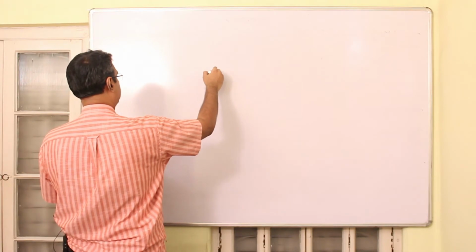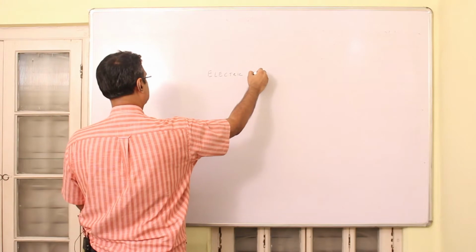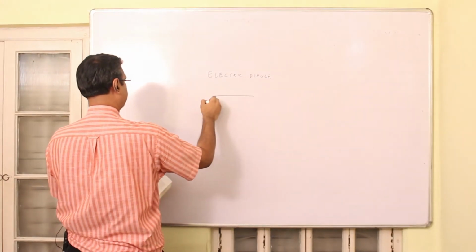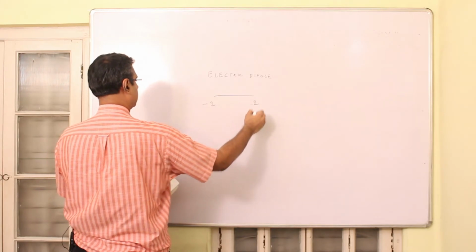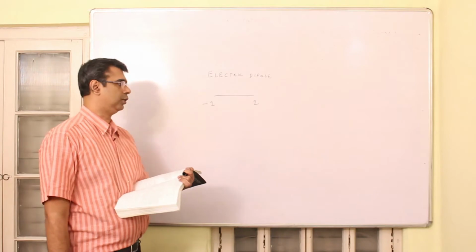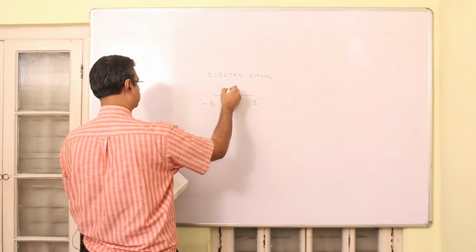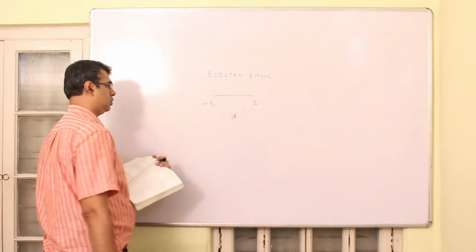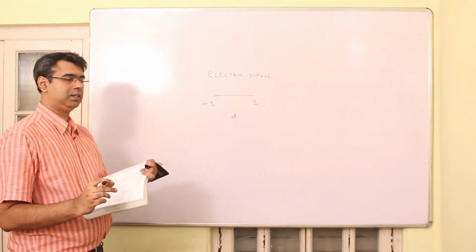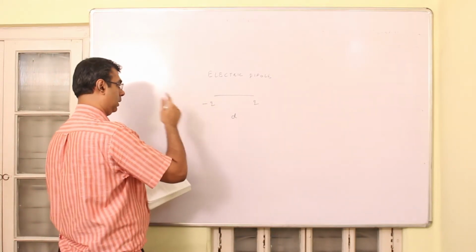The next topic is electric dipole. Suppose you have two charges minus q and q placed at a separation d. So there are two charges minus q and q, and the separation d between them is considered to be very, very small. So this combination is called a dipole.